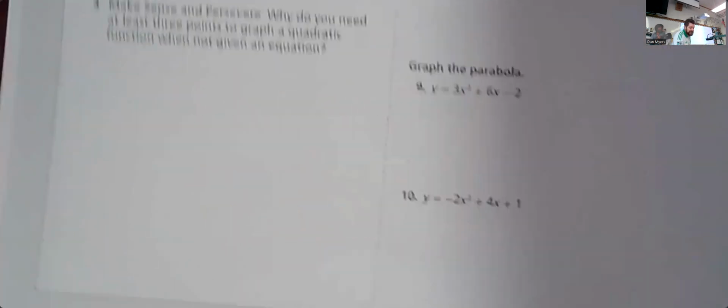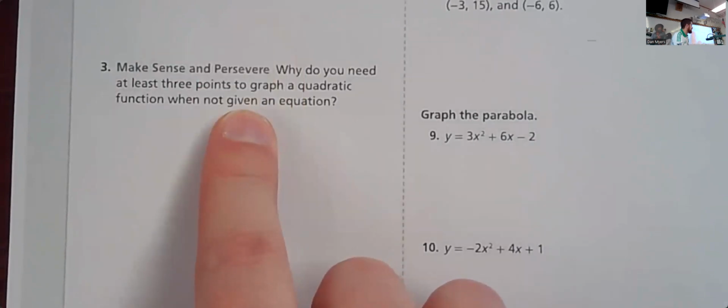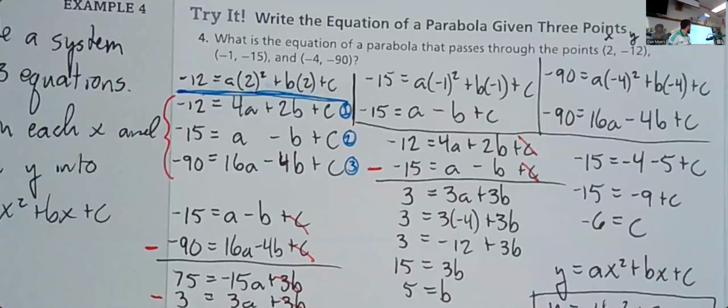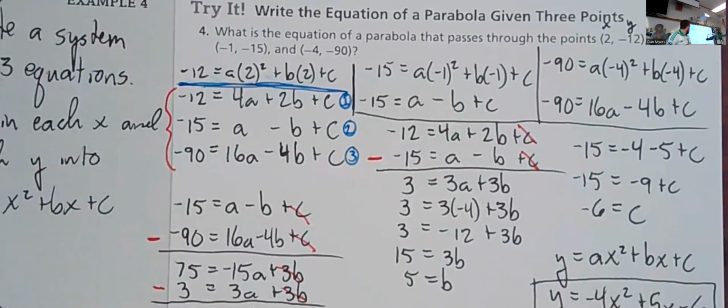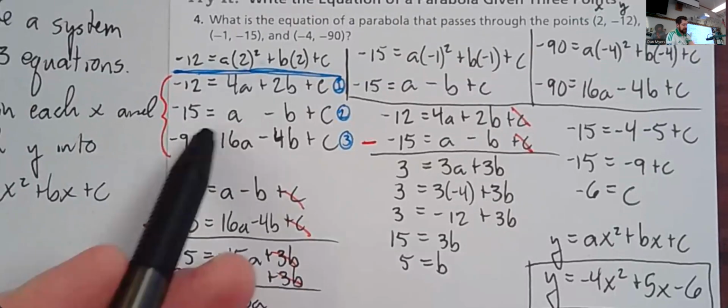How about this? Last one here. This is what we did, first question of the day that we did today with our system of three equations. Why do you need at least 3 points to graph a quadratic function when not given an equation? Why did we need 3 equations and 3 points on example number 4? We've got xy, right? xy are just xy coordinates that we were able to plug in.